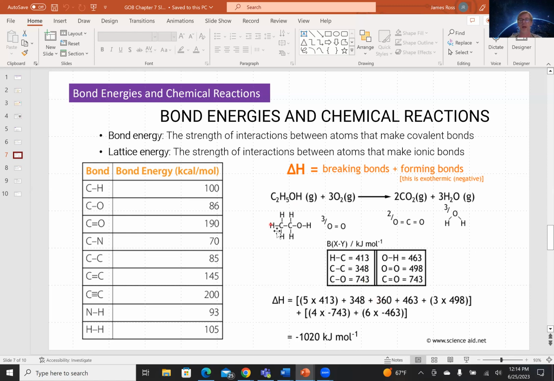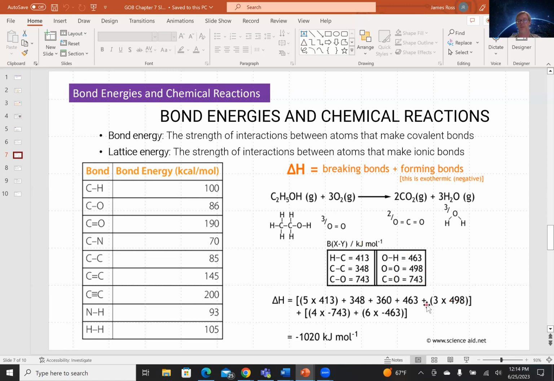But essentially, we want to add up all the bond energies of ethanol. Then we've got this oxygen-oxygen double bond, which is 498 kilojoules per mole.